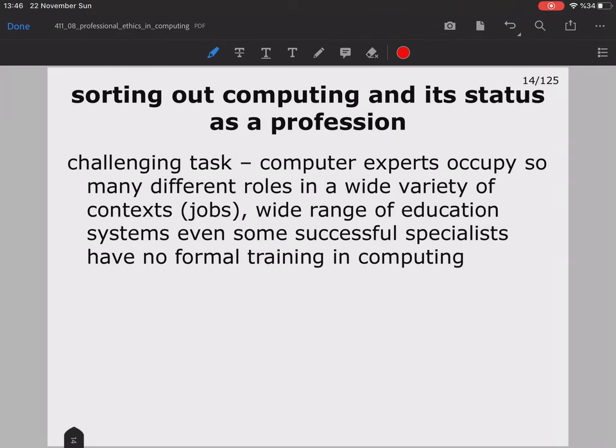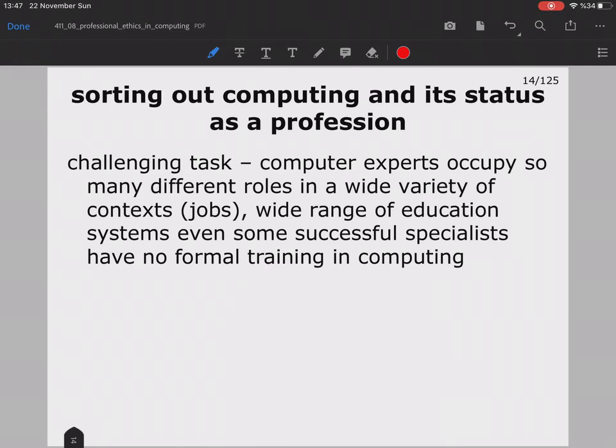And when we try to sort out computing and its status as a profession, it is not an easy task. We should agree on this. It's a challenging one because computer experts occupy so many different roles in a wide variety of contexts. You can work in many types of domains, and a wide range of education possibilities are also available.